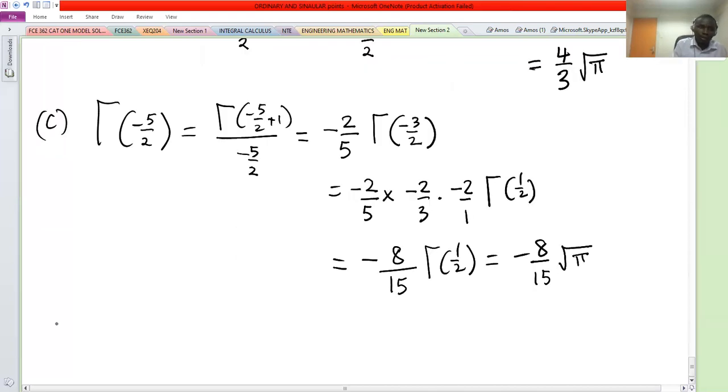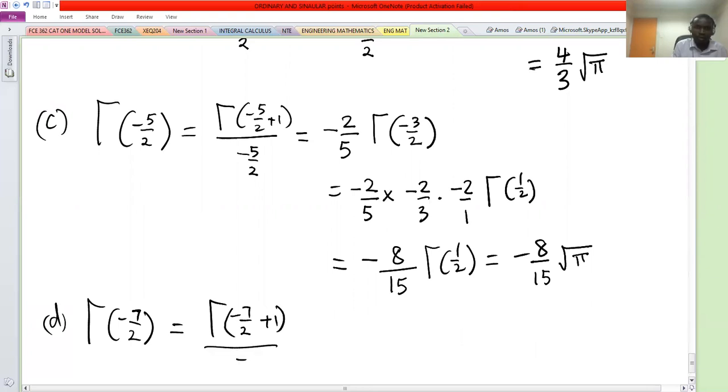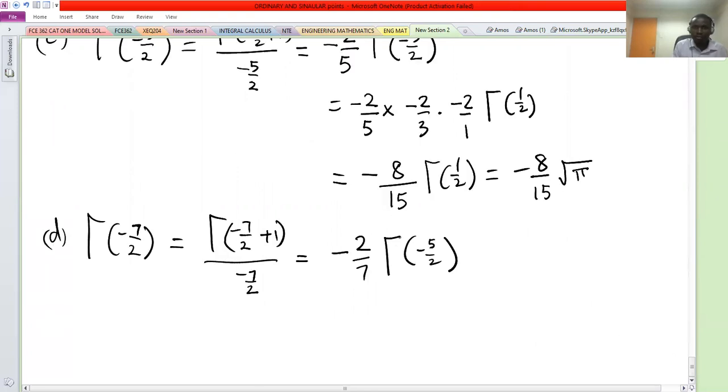And then D, gamma of minus 7 over 2 will be gamma of minus 7 over 2 plus 1 divided by minus 7 over 2, which is the same as minus 2 over 7 times gamma of minus 5 over 2. And we have the previous solution for gamma of minus 5 over 2.